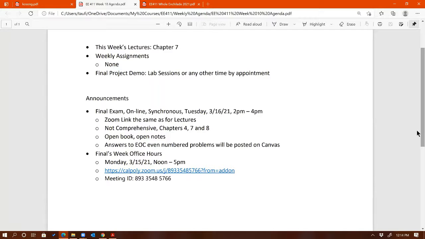And then finals week office hours will be different from the regularly scheduled office hours for the quarter. Since the final is on Tuesday, I also have another final on the same day. So both finals will be on Tuesday for me. Therefore, I've decided to hold my office hours on Monday.